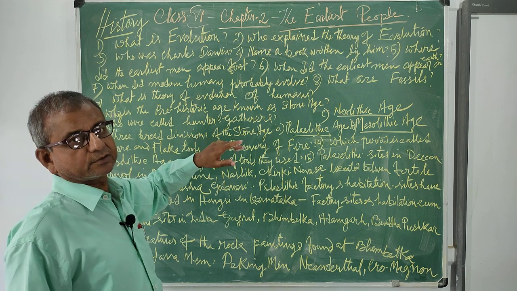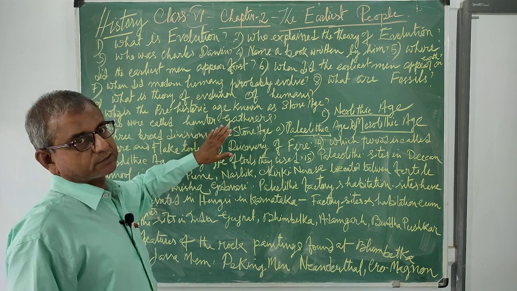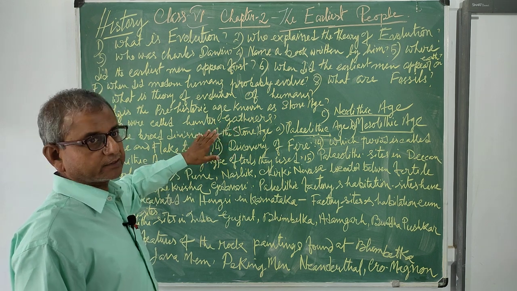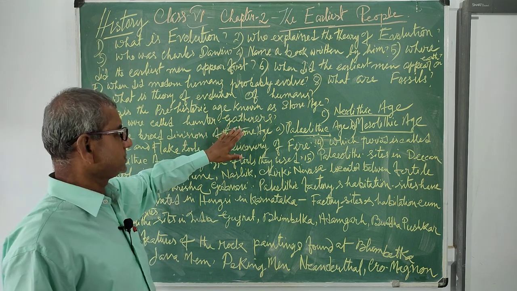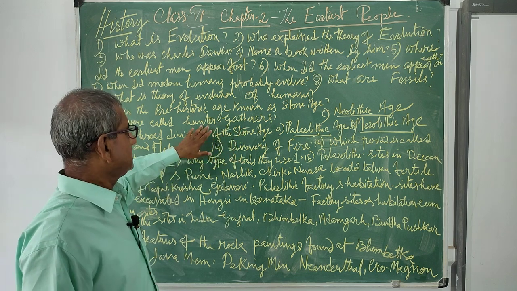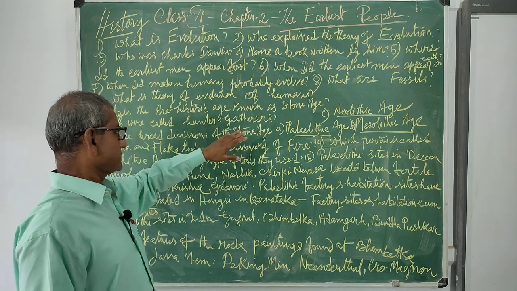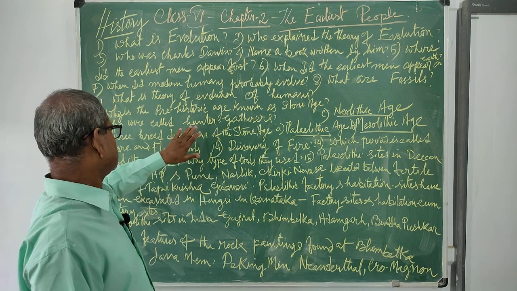They did not know how to roast the food. After hunting animals, they used to eat the raw flesh, and they are called Paleolithic people.